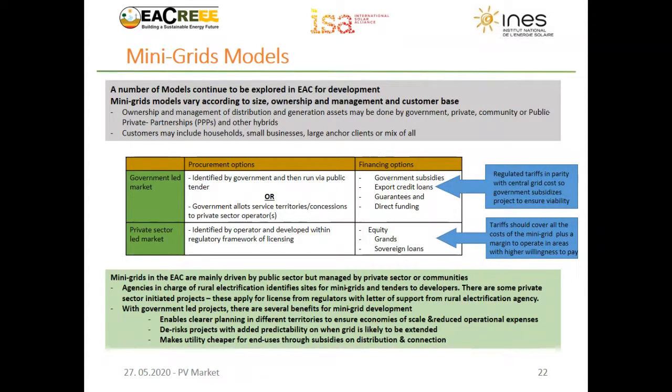In such systems, usually the government provides the subsidies. We have finances also coming from loans or guarantees, or even sometimes direct funding. One of the good things with this system is that they are well regulated, and the government tries to couple their tariffs with the tariffs available on the main grid that they extend through areas where the grid can easily be extended.